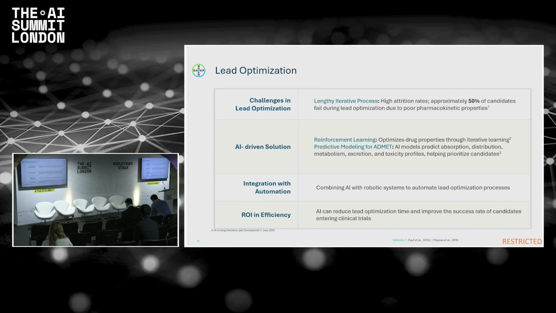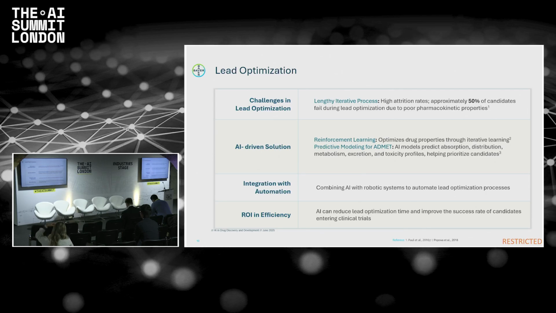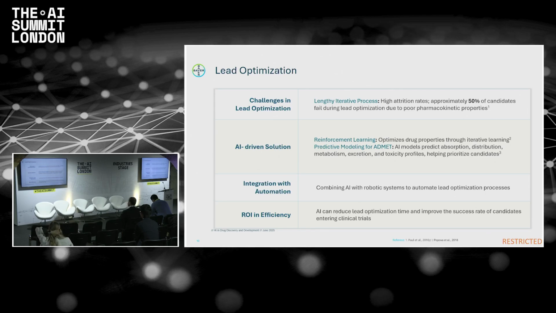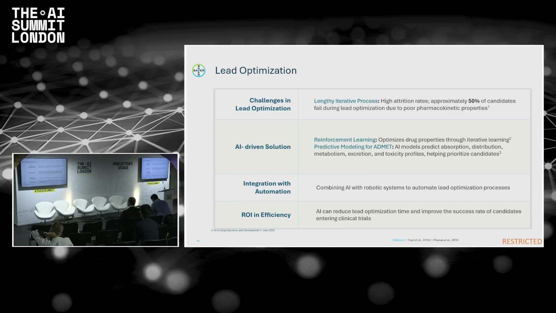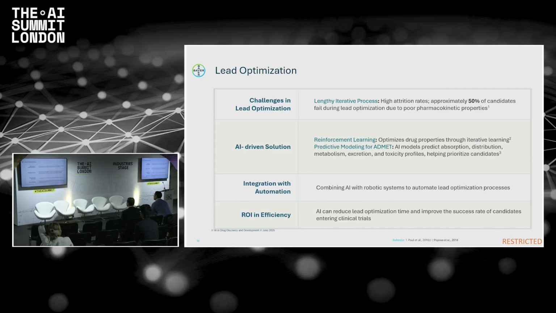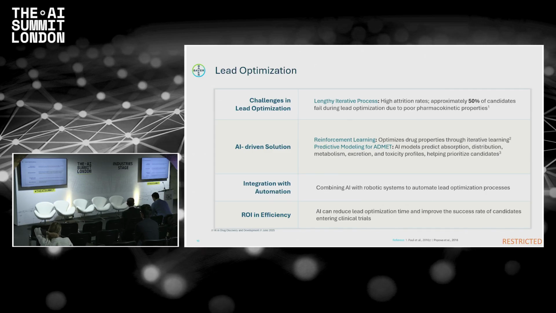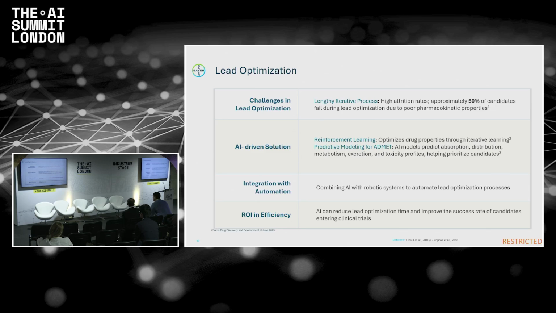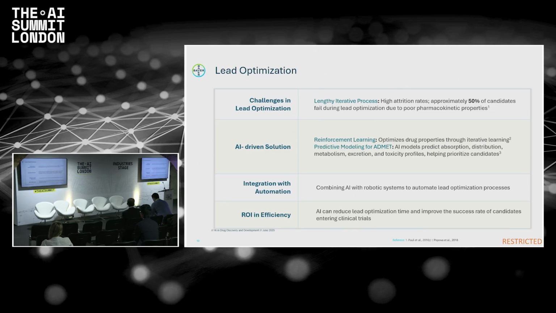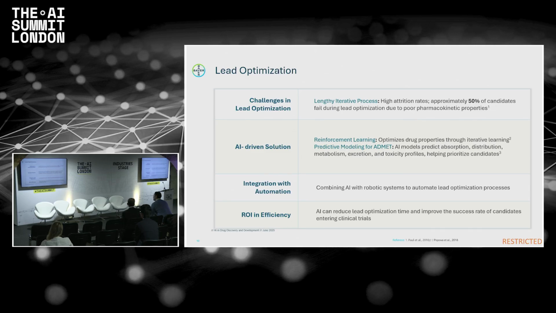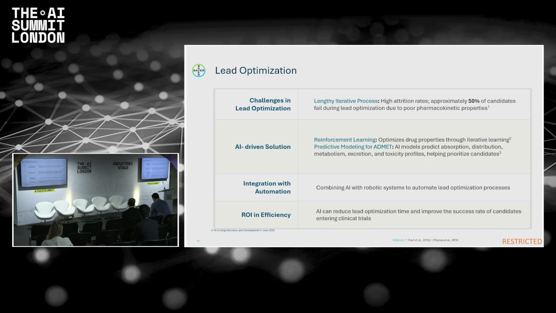With AI, through iterative learning, we can optimize some of the drug properties. We can do better predictive modeling for ADMET, which is basically how a drug is absorbed and metabolized.